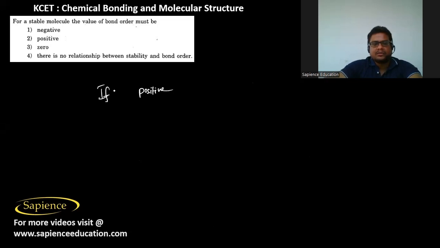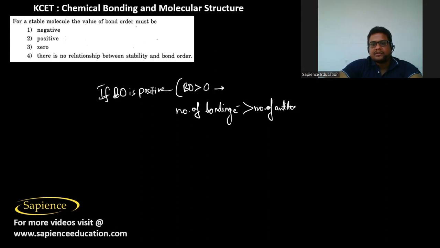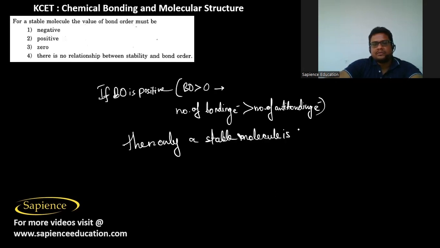So if the bond order is positive, it means bond order is greater than 0, which also means that if the number of bonding electrons is more than the number of antibonding electrons, then only a stable molecule is formed. So option 2 is the correct answer.